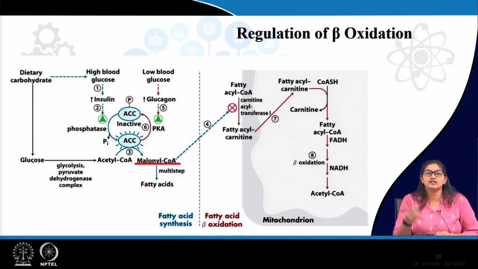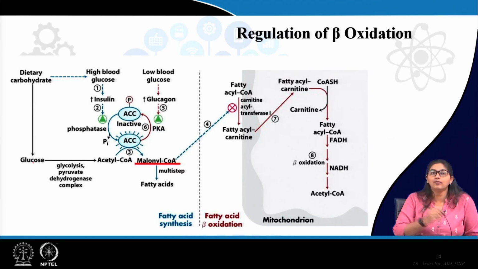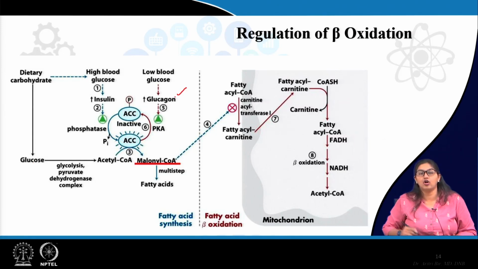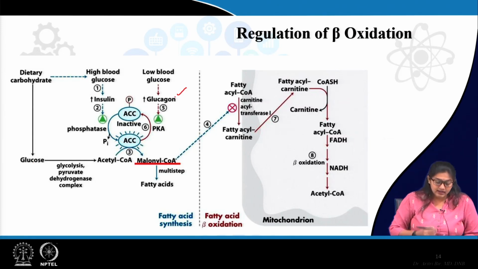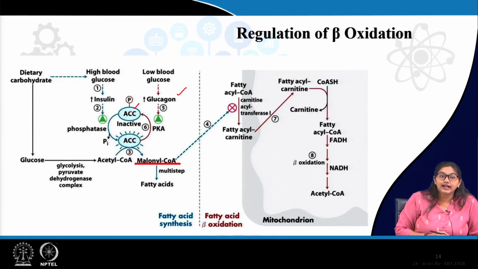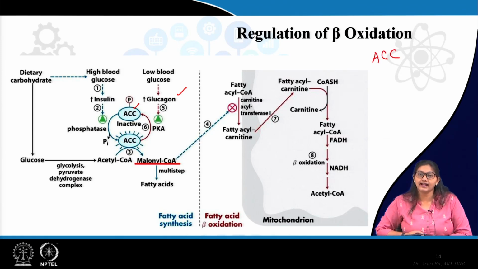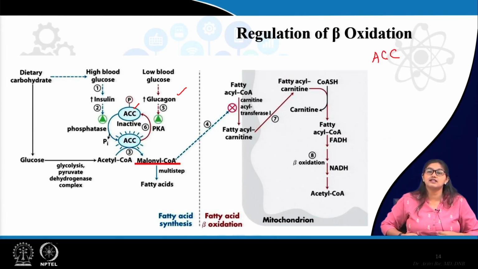Deficiency of energy is indicated by low blood glucose level, and that is sensed by glucagon hormone. Now, one very important enzyme is ACC, which stands for acetyl coenzyme A carboxylase, an important regulatory enzyme for fatty acid synthesis, which we will discuss in the next classes.